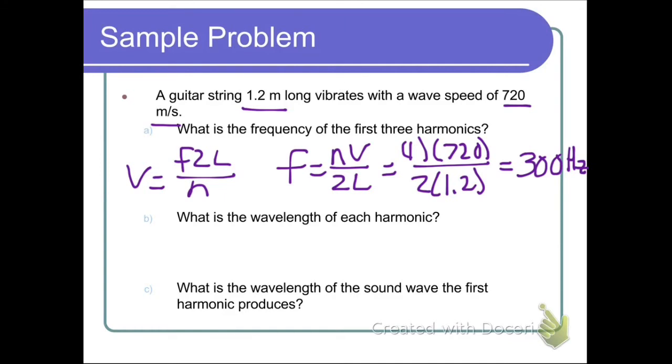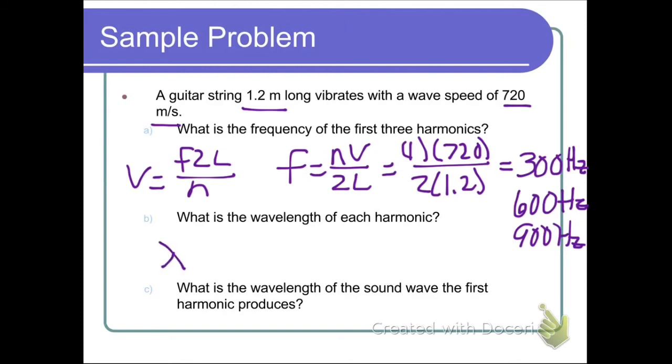All right, 300 hertz. So if the fundamental is 300 hertz, what does that mean the second harmonic is? Well, the only thing that would change up here would be a 2 that would be plugged in right there. So all it would do is just be the fundamental multiplied by 2, so it becomes 600. What about the next one? Well, that'd be 900. And those would be the first 3 harmonic frequencies.